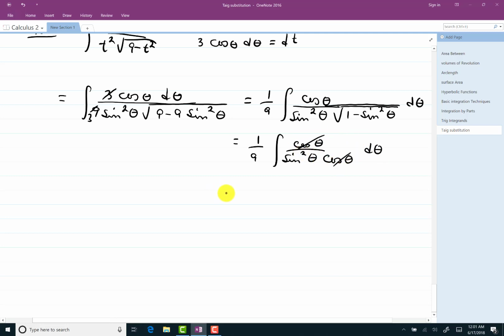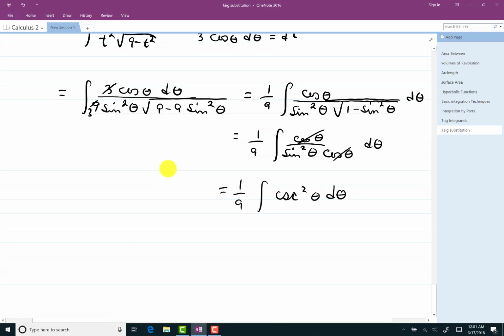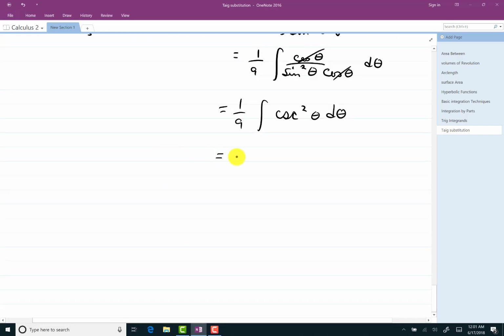Cosines cancel. This is the sine squared, which can be written as cosecant squared. And that, of course, is equal to negative 1/9 cotangent of theta plus c.